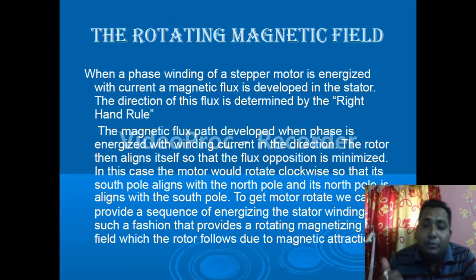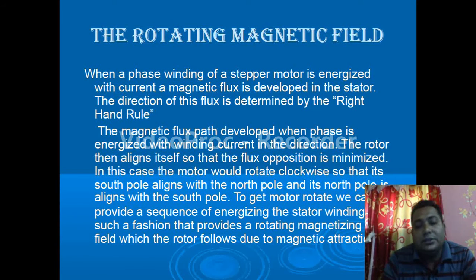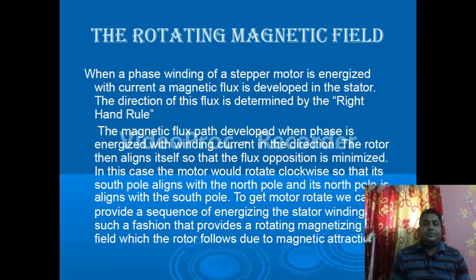To get the motor to rotate, we can provide a sequence of energizing the stator windings in such a fashion that provides a rotating magnetizing flux field, which the rotor follows due to magnetic attraction. So the basic principle, which I am repeatedly telling you, is this magnetic attraction between the stator pole and rotor pole.